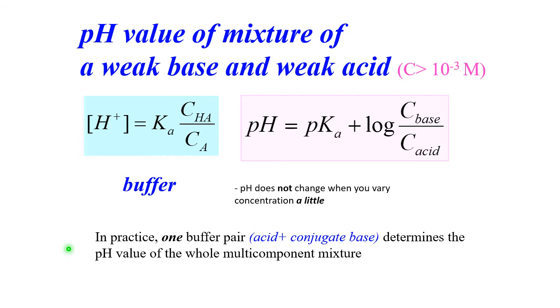If you have a multi-component system, usually it's one buffer pair, an acid and its conjugate base, that determines the pH value of the whole multi-component mixture. For example, the pH of our blood plasma is mainly dependent on the concentration of hydrogen carbonate and CO2 in our bloodstream.